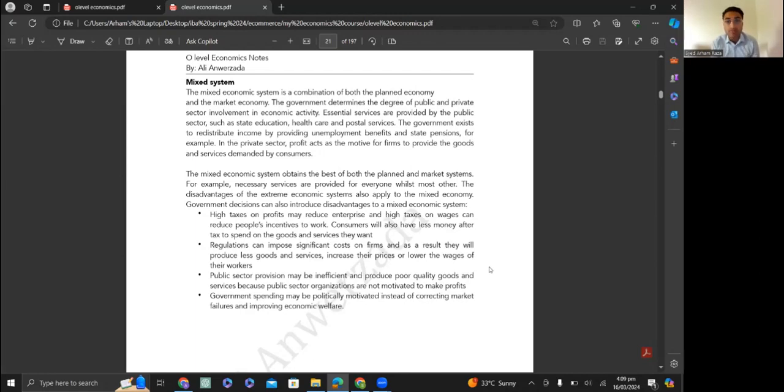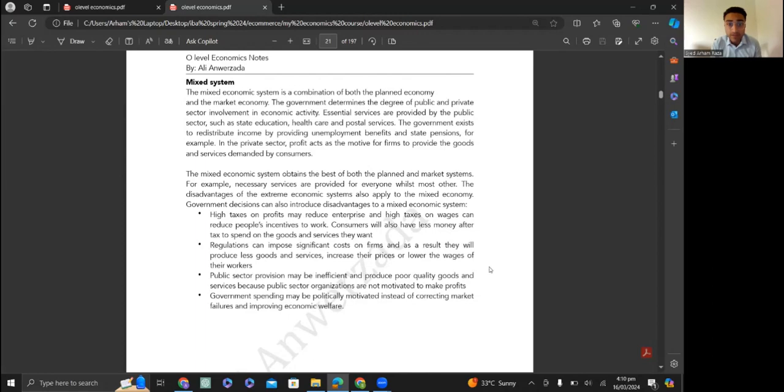A mixed economy system is a combination of the planned economy and the market economy, in which the government can decide how to produce the public goods, and the private sector will usually produce the private goods and other non-public goods, for example chairs, air conditioners, cars, everything which is profitable, while the public goods which are not profitable can be produced by the government.